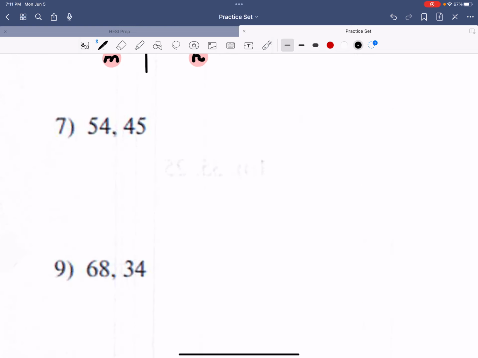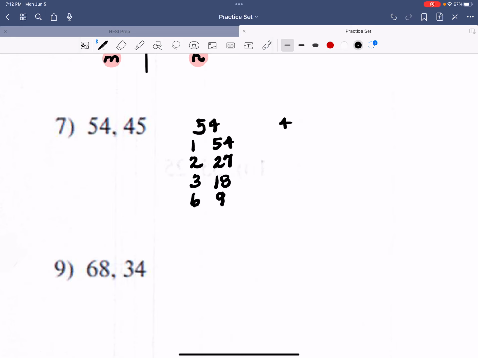54 and 45. So no letters to worry about in this one. 54 divided by 2 at this hour, I'm not even going to try it. 27. I believe a 3 will work. I don't think a 4 will work. It won't. A 5, a 6 will. A 7, an 8, and a 9. Okay.